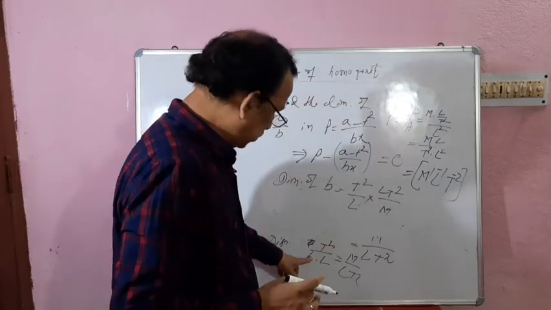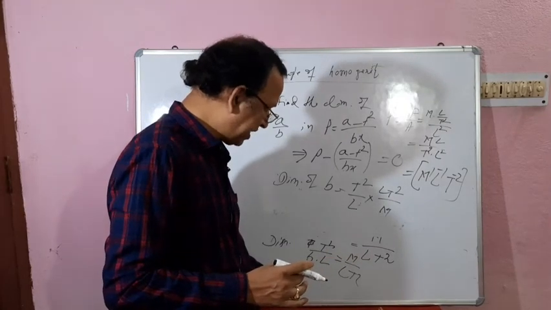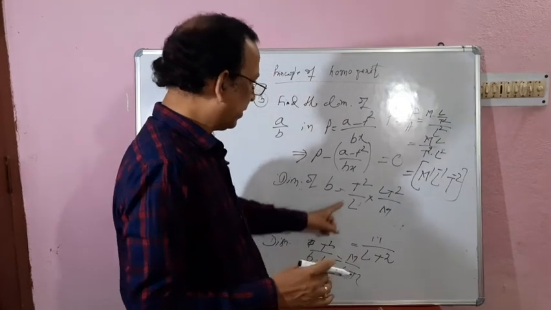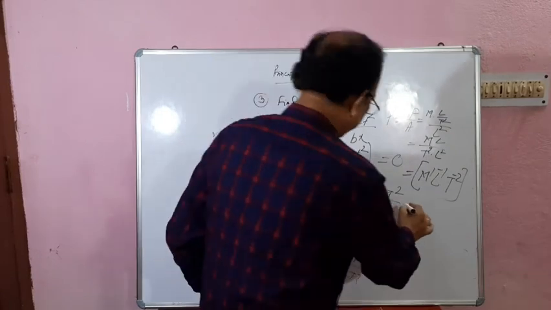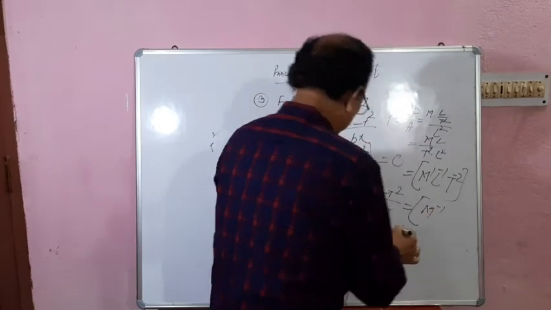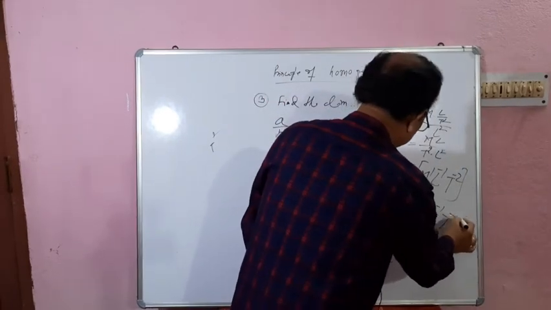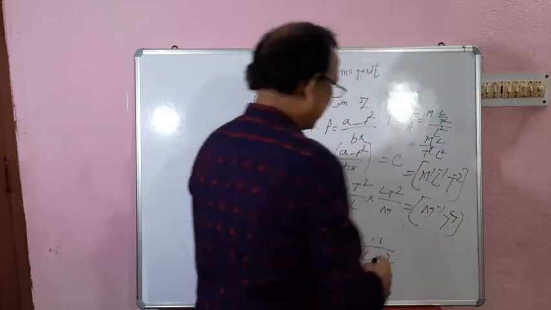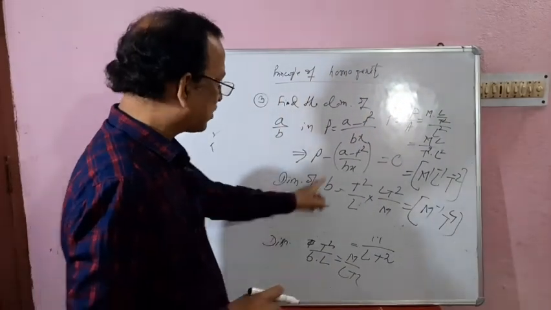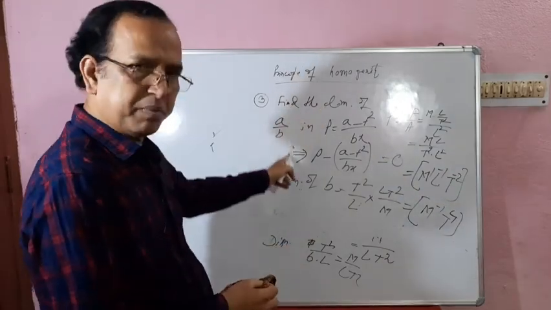Okay, so B, T square by L, m move this side, so L T square. So B is equal to m minus 1, L cancel, T 4, the dimension of B. So you can find dimension of A by B.